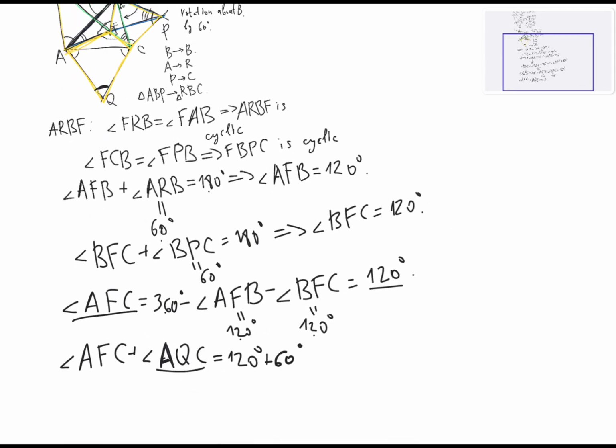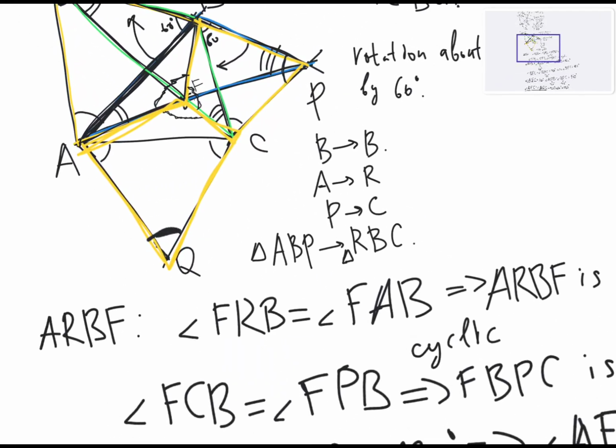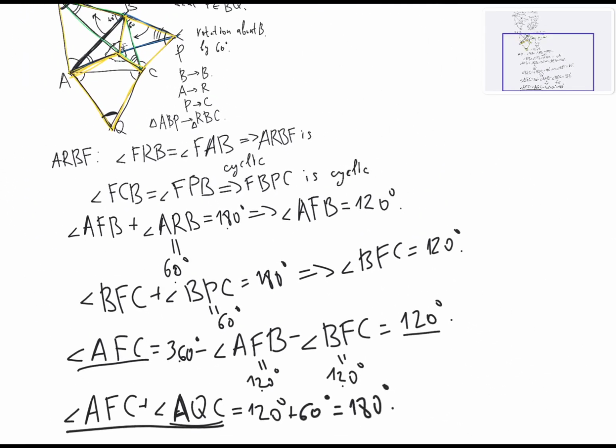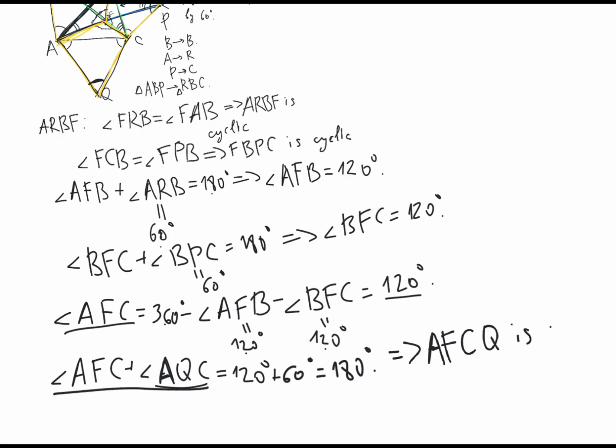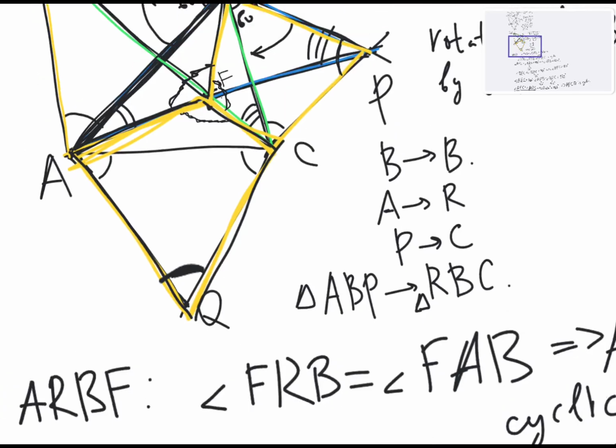So 120 plus 60 degrees is equal to 180. When the sum of the opposite angles is 180, it means that the quadrilateral is cyclic. So this third yellow quadrilateral AFCQ is also cyclic.